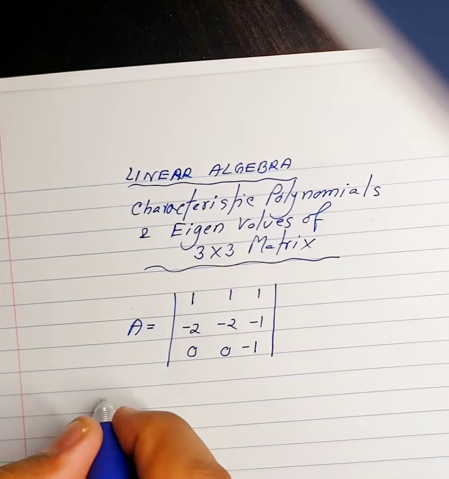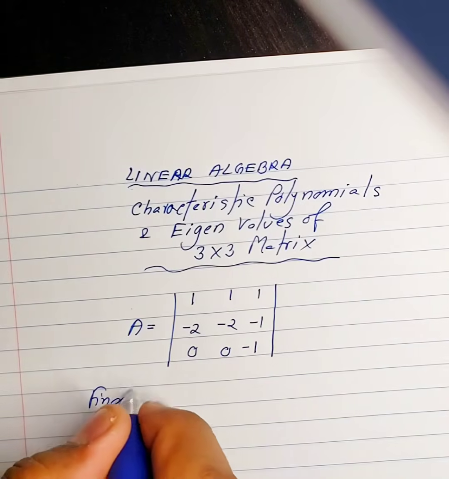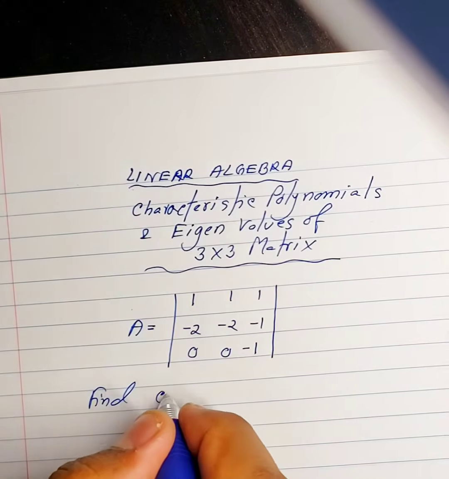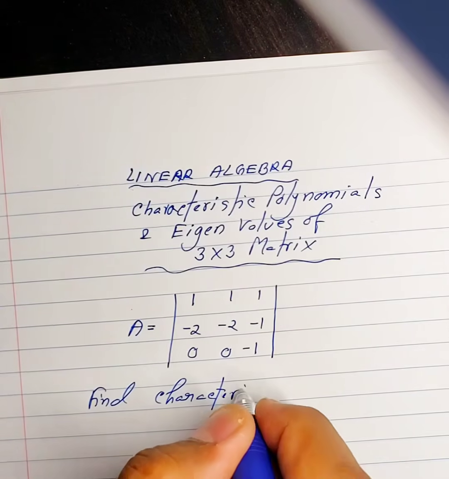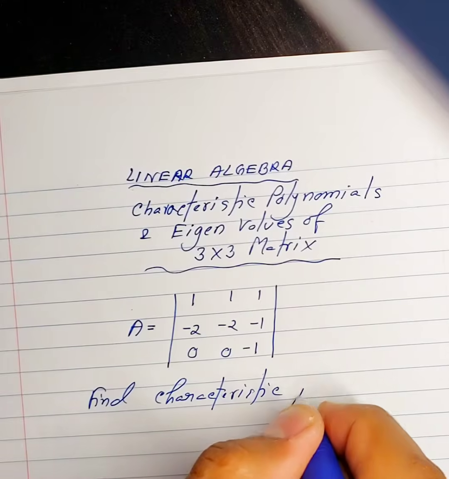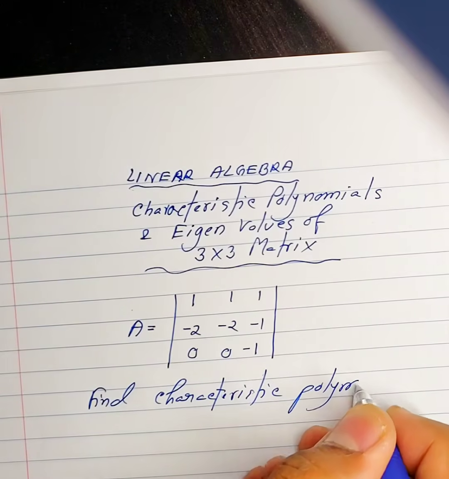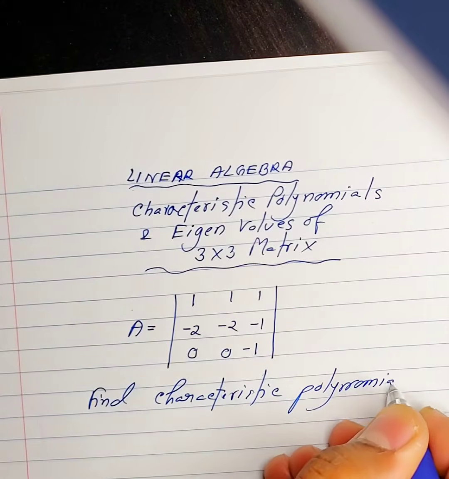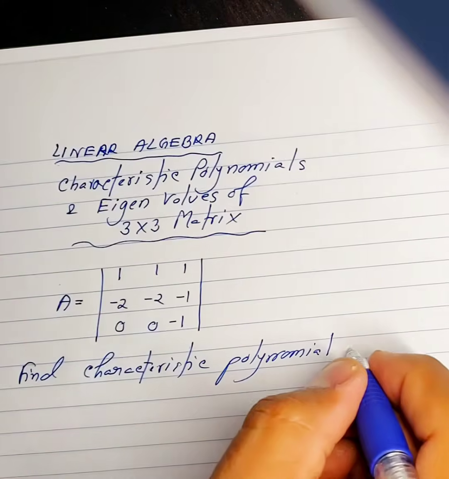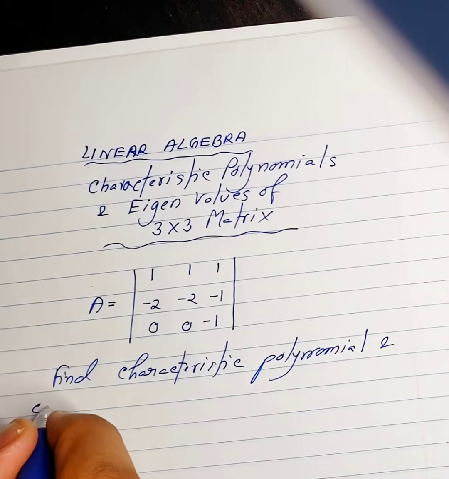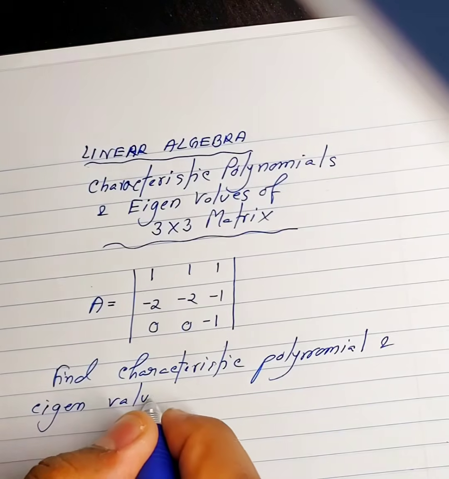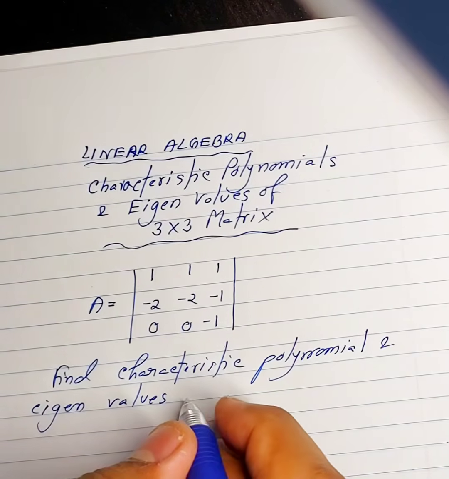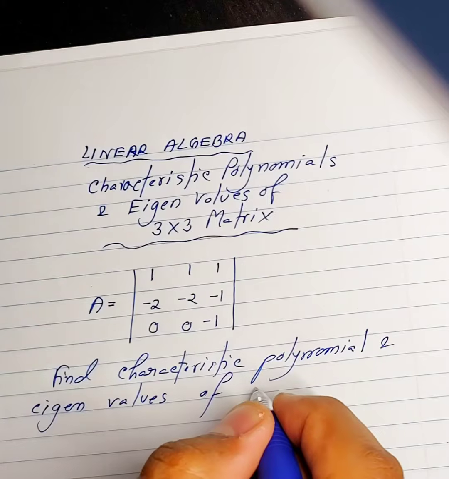Now, we need to find the characteristic polynomial and eigenvalues of this matrix A.